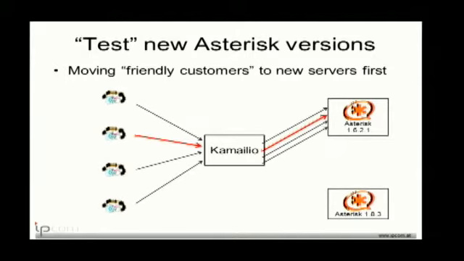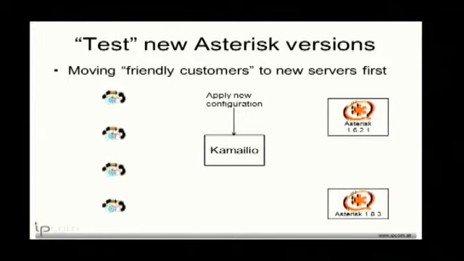Of course, as long as you don't tell Kamailio, it won't be used. But for example, you change the Kamailio configuration and tell it that only a certain user should now use this new server. You know, you have friendly customers who are always eager to test new features or new versions, or who are capable of giving you proper feedback if something is wrong.